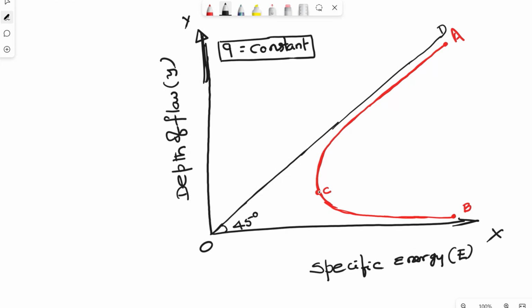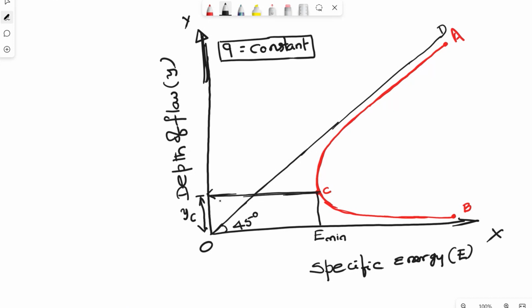At point C, the specific energy is minimum. Corresponding to this minimum specific energy, this depth is called yc.